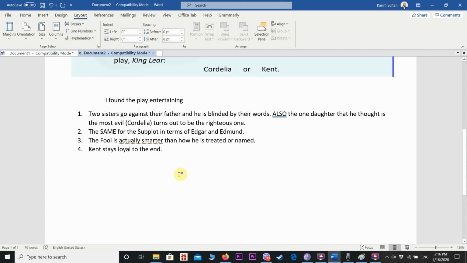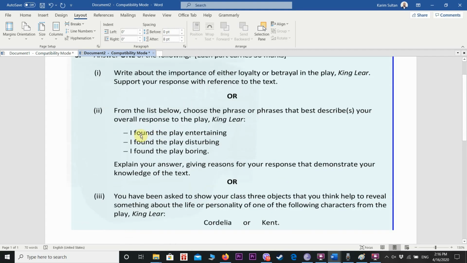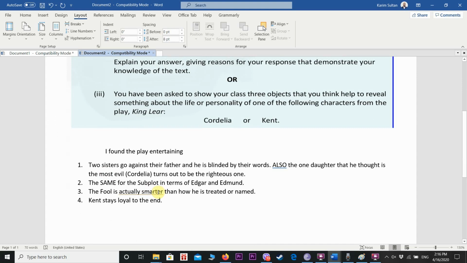Now comes the second point of mine. How do you answer these questions in terms of paragraphing? How do you separate your paragraphs? The first thing you want to know is that you want to have a very rock solid introduction that mentions the points that you're going to argue, right? So you want to first say, I found the play King Lear by William Shakespeare entertaining because of various reasons.